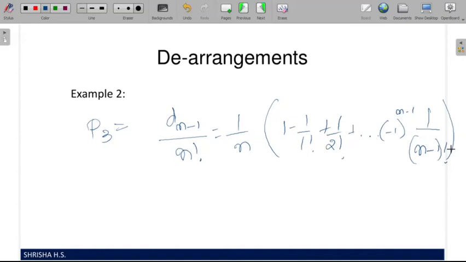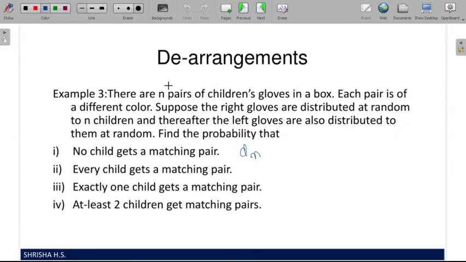That is for the third one. The fourth one: at least two children get a matching pair.